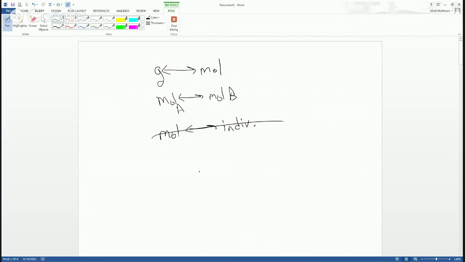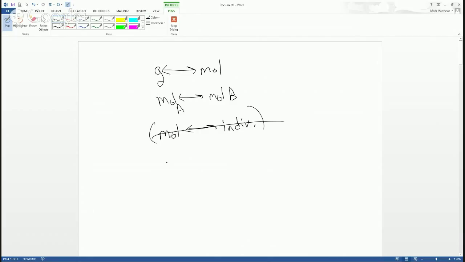It might pop up every now and then, but for the most part, once you start to do stoichiometry and a lot of the chemical reaction type math, you're doing basically the same 2 conversions ad nauseum. I guess I should put that in parentheses because it doesn't completely go away.